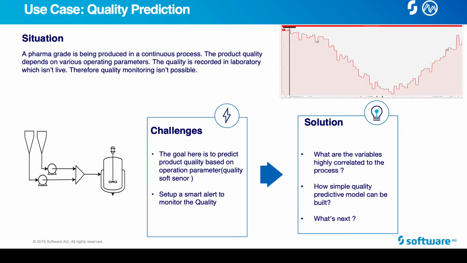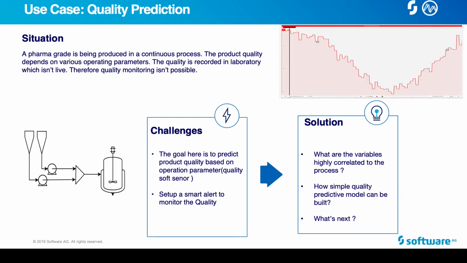In this case, we have a pharma grade material, and you know that the pharma grades are very quality specific. So if quality isn't right, the whole material has to be flushed out. A team needs to clean the entire system.